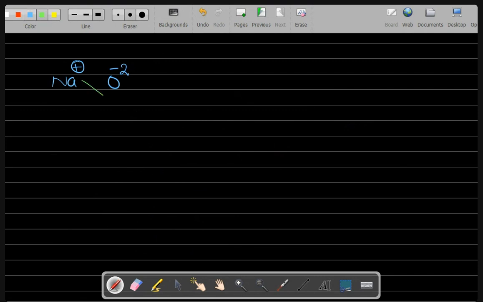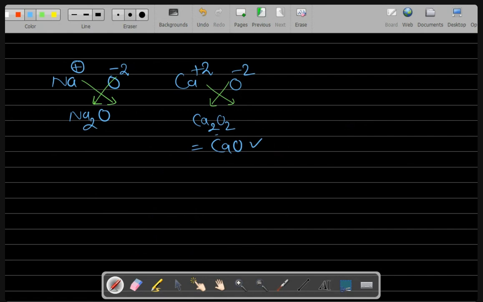So how will the compound form? We cross multiply these values, that means Na2O, sodium oxide. Calcium oxide: calcium has a positive charge of 2 and oxygen has -2. Cross multiplying gives Ca2O2, so we take the simpler ratio, 1 to 1, and write calcium oxide.